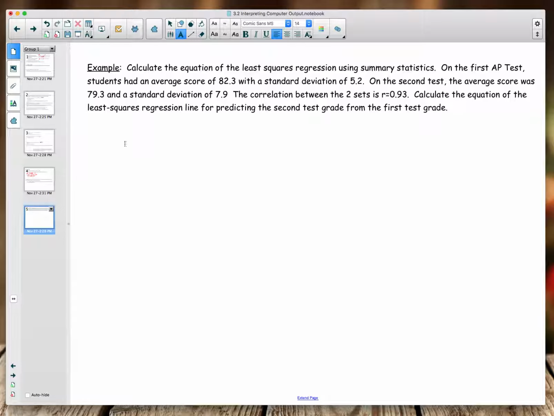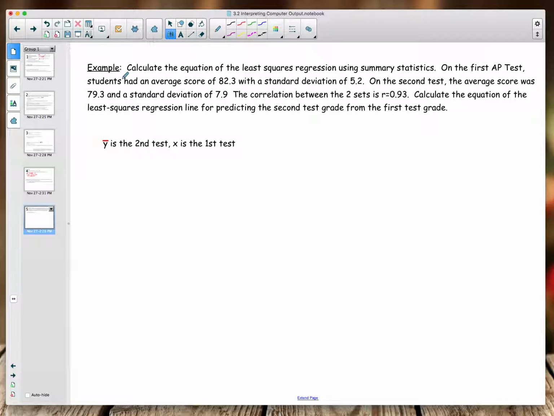So one thing that I like to do is establish what my variables are. So in this case, y hat is the second test, and x is the first test. And that just helps me figure out what I'm using for my variables when I'm plugging everything into my formula.